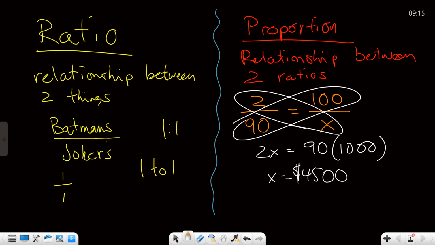In other words, in this proportion, the 2 and the 100 are the number of tickets. The 90 and the X are the cost. I could have also done 2 is to 100 as 90 is to X, where the 2 and the 90 are tickets and cost, and the 100 and the X are tickets and cost.